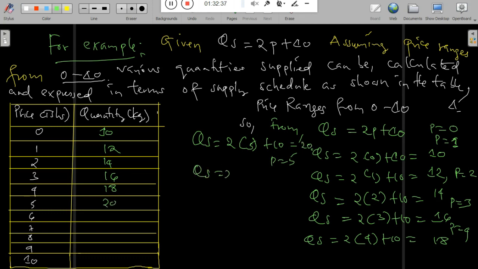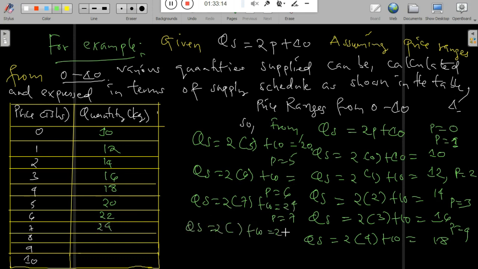When you plug in all the values, you obtain 14 and 18, and when you plug in 5, you obtain 20. When you plug in 6, you obtain 22. The same applies.